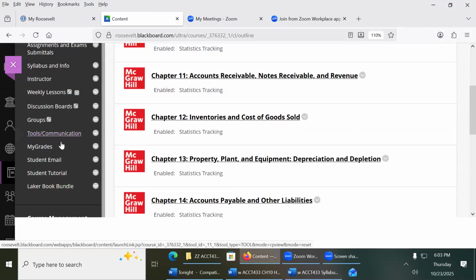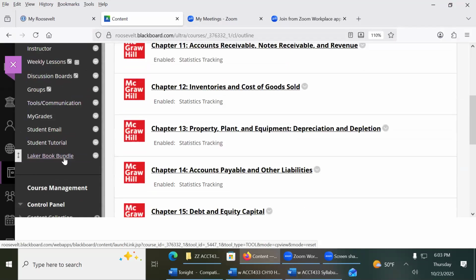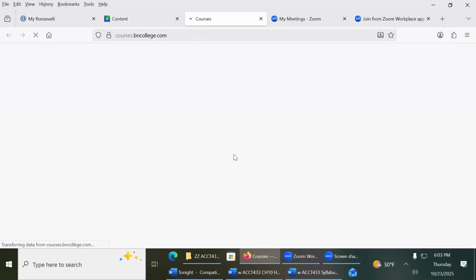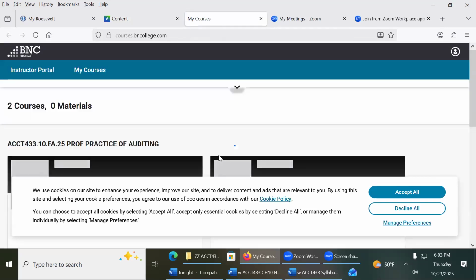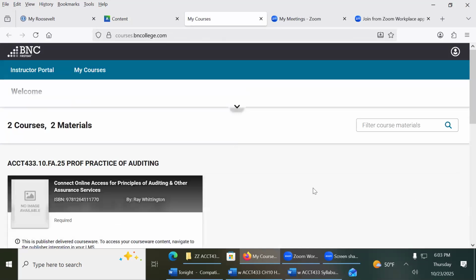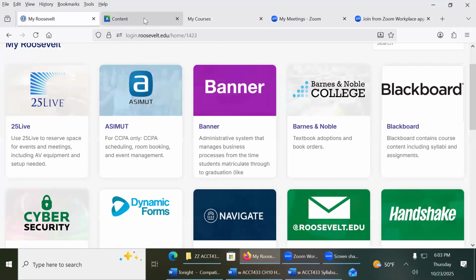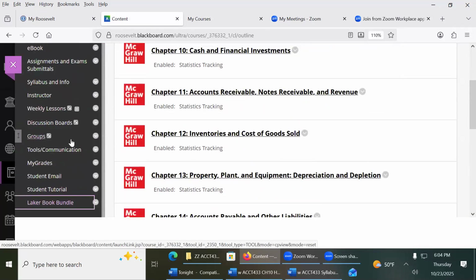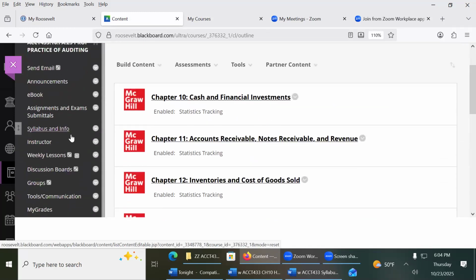It shows up in my Laker bundle, so I'm hoping it shows up in your Laker bundle. If it doesn't, go ahead and send me an email if you would. Okay, so the ebook.